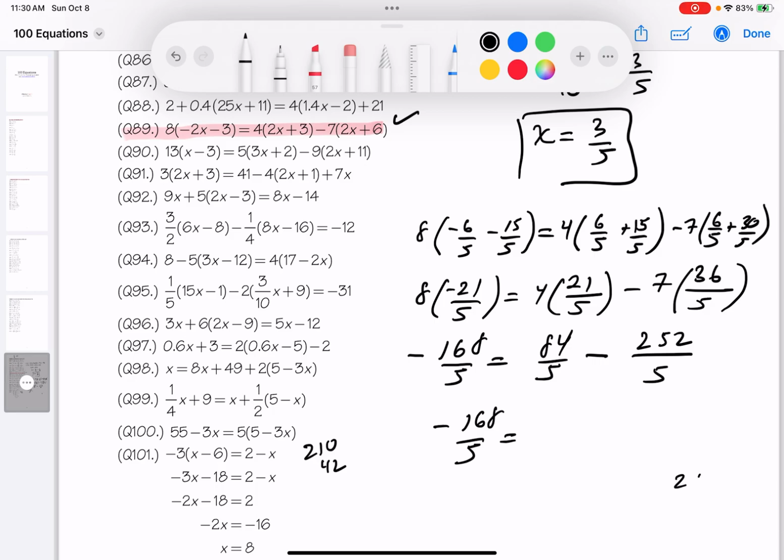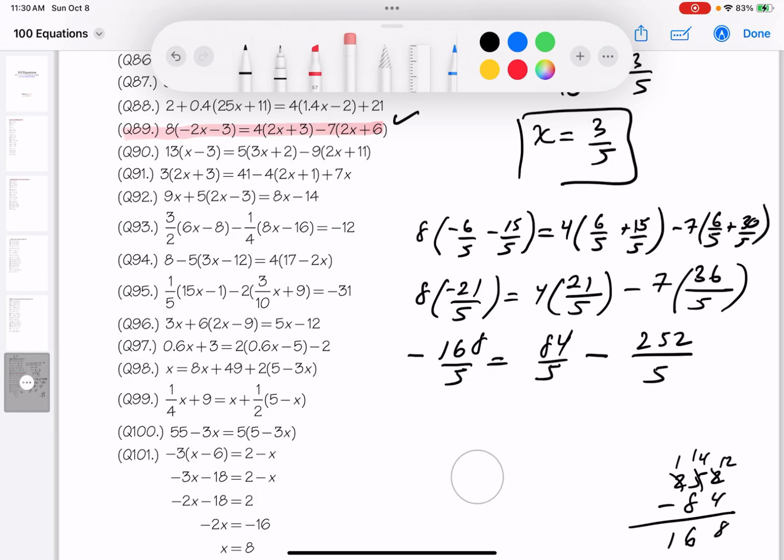And I got to do something over here. 252 minus 84. I'm going to borrow. That's 4. That becomes 12. 4 from 12 is 8. I got to borrow again. This becomes 1. That becomes 14. That's going to be 4, 6. And you get a 168. They work beautifully.